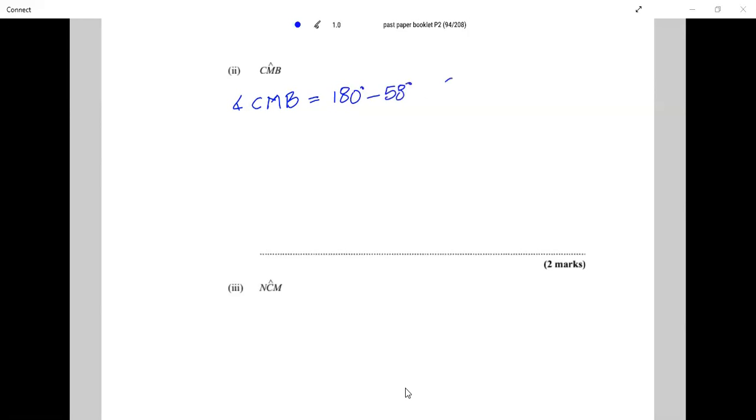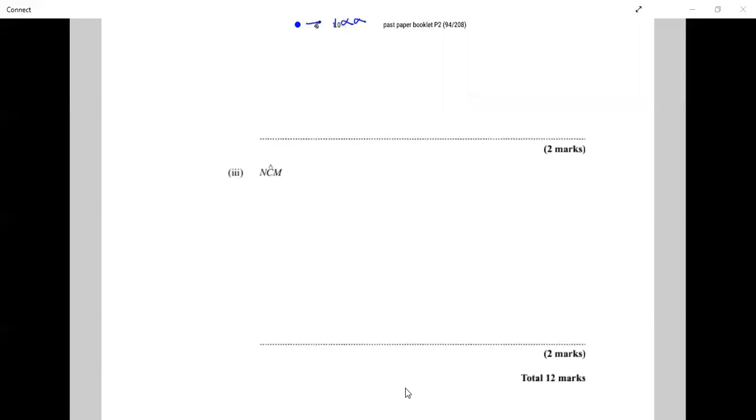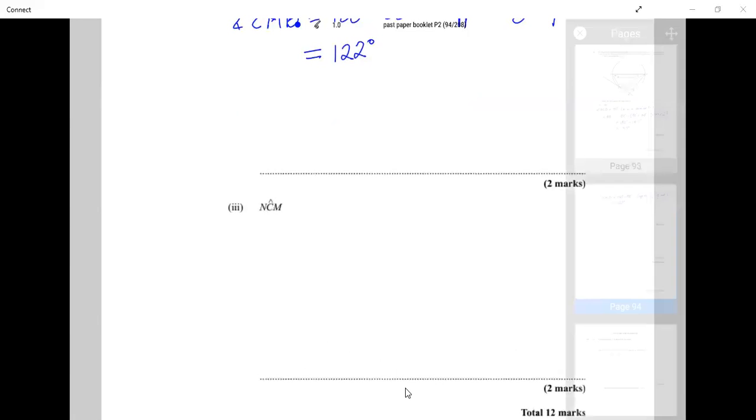They are opposite angles in a cyclic quadrilateral, and opposite angles in a cyclic quadrilateral are supplementary. So angle CMB is 122 degrees.